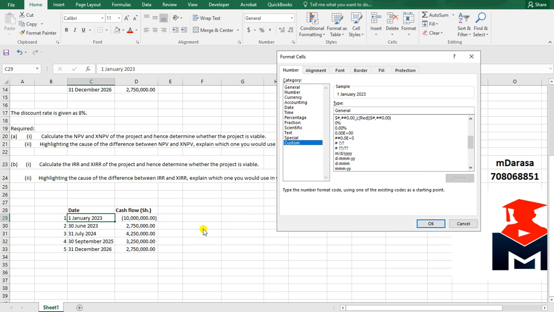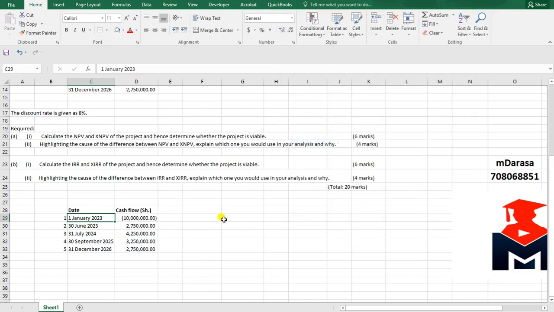So therefore, I'll have to enter this as month, day, and year. Starting January 1st, 2023, then June 30th, 2023, because it is month, day, and year.